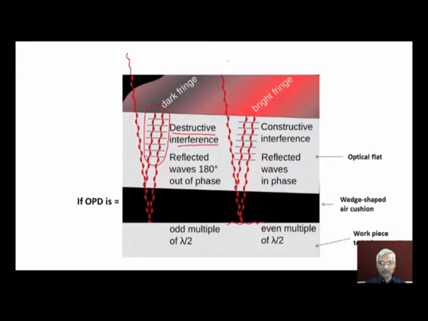And at this point again we have the light source, reflected light, second reflected light, and in this region you can see the two waves, they are constructive. The interference is constructive in nature, and we get a bright fringe. The reason is the optical path difference here is equal to even number of wavelength.